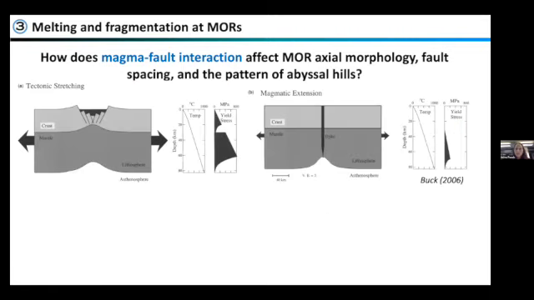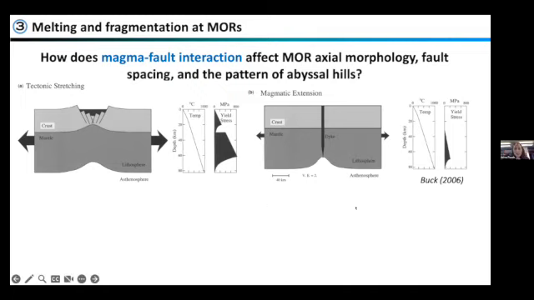And there have been two end-member models to explain this. In this cartoon, on one end is the tectonic stretching, which suggests that any fragmentation of the lithosphere is due to the tectonic extension force, and faults happen because of the brittle deformation of the crust, and any fault progression happens inwards closer to the ridge axis.